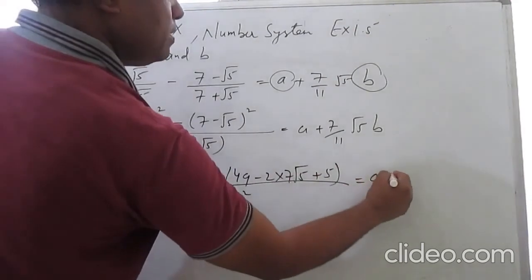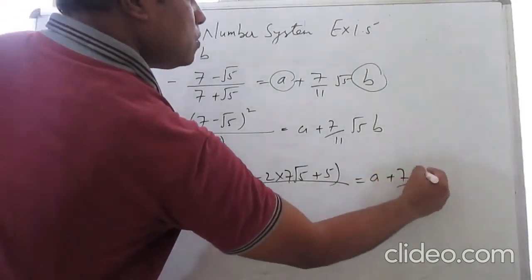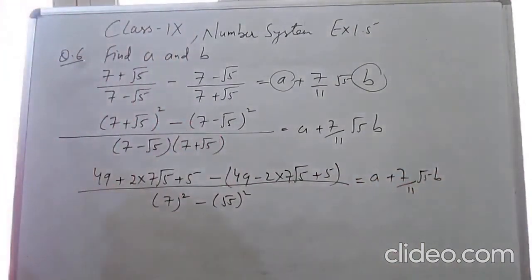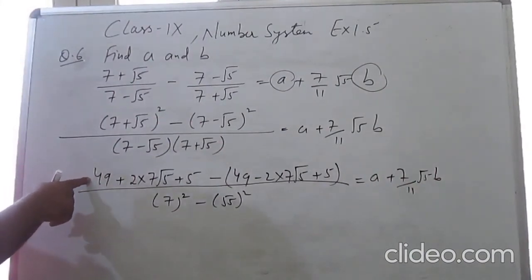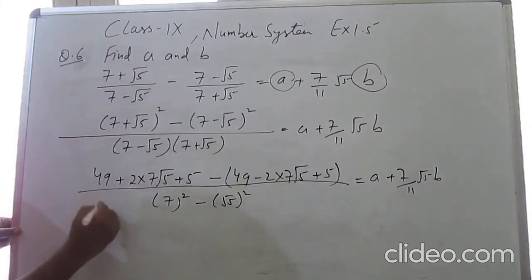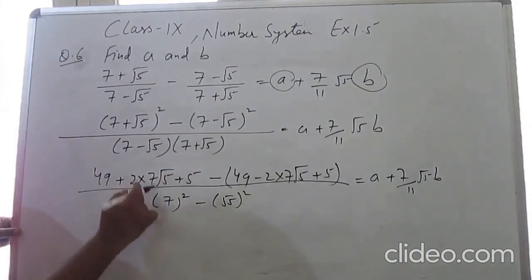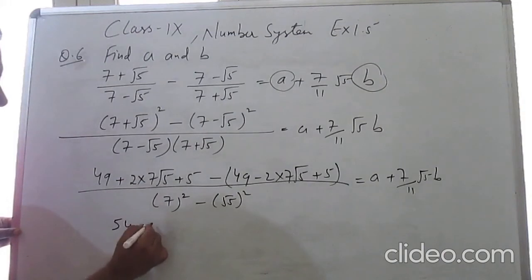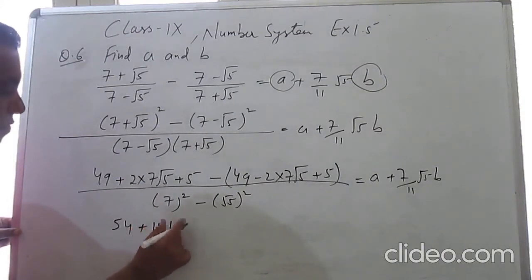This number you keep as it is. Now 49, now change the sign of this. 49 plus 5 is 54, plus 14 root 5.